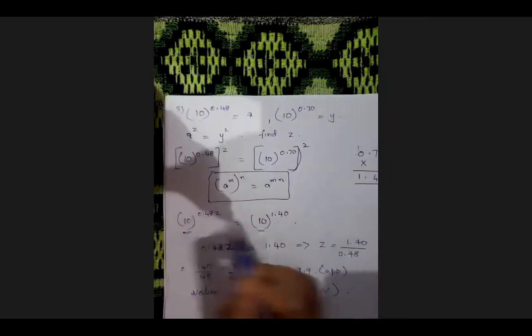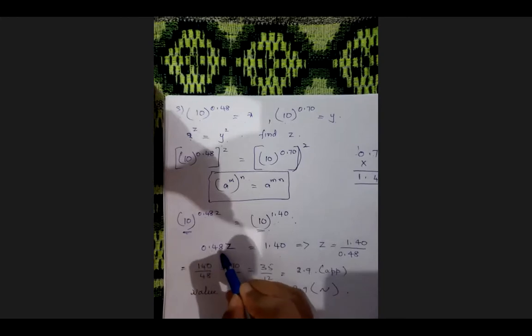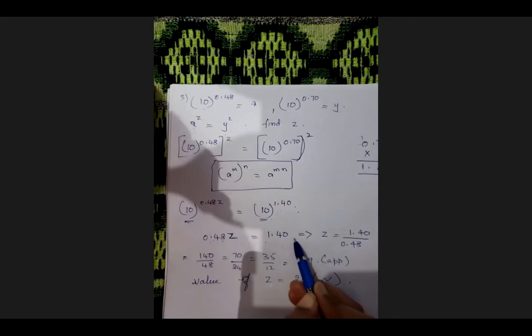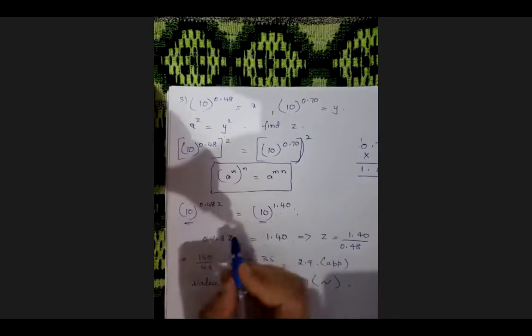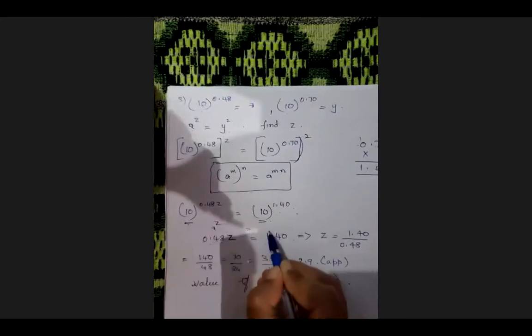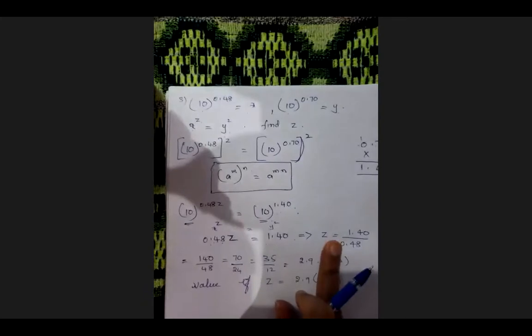Got it? So when bases are equal, we just have to equate the powers. That is 0.48z is equal to 1.40. That is given, because this is nothing but x power z and this is nothing but y square. So we are equating them. Everything is given in the problem only, so we have to find z.